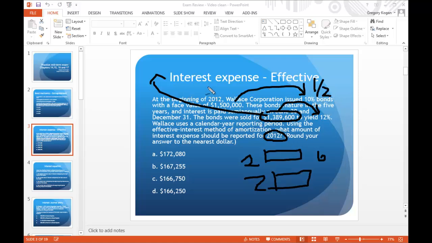We add our amortization to this piece. Whatever we get here, we multiply again by half the yield, by 6%. And the answer we end up with by summing 1 and 2 is 167,255. B.